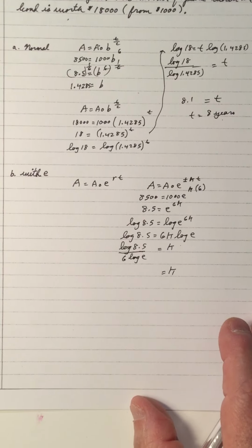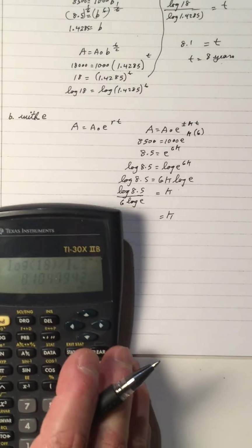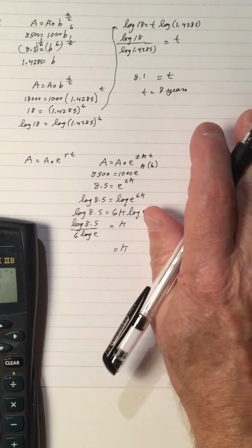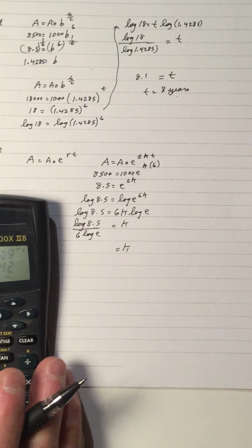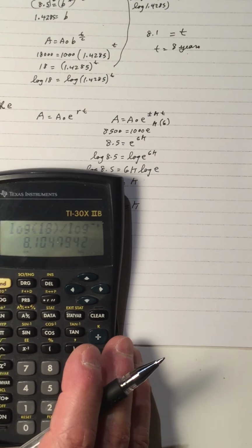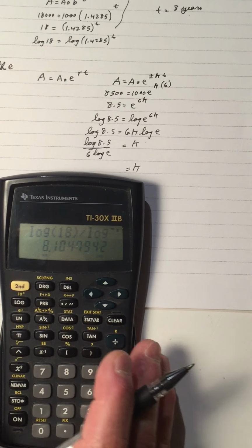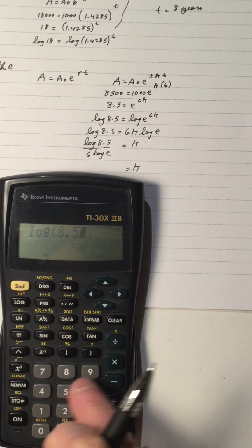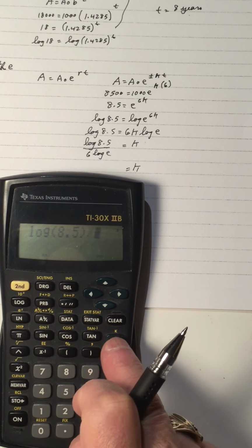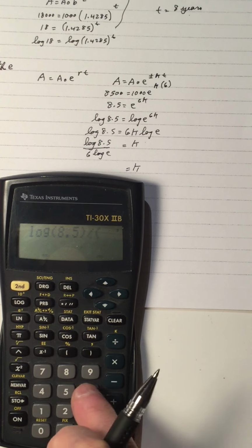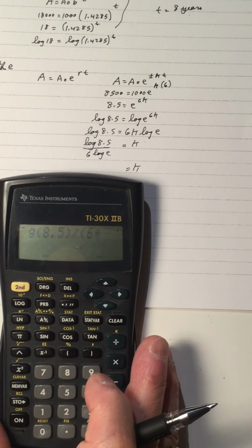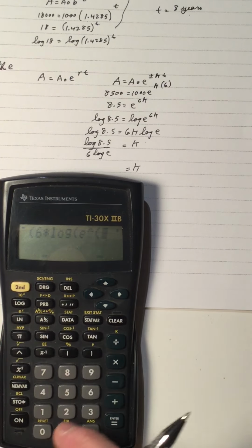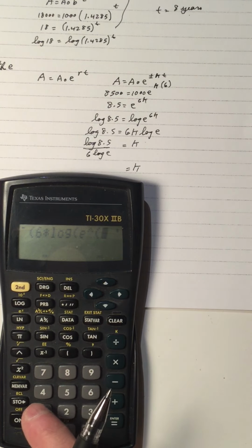I'm going to move the paper up, give myself more room so you can see the calculator. Okay, here we go. I have the log of 8.5 division, and I put it in brackets, 6 times the log of E. To get the E, I go second function, log, and E is E to the 1, so I put a 1 in.